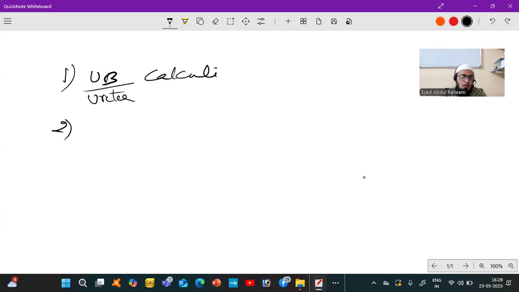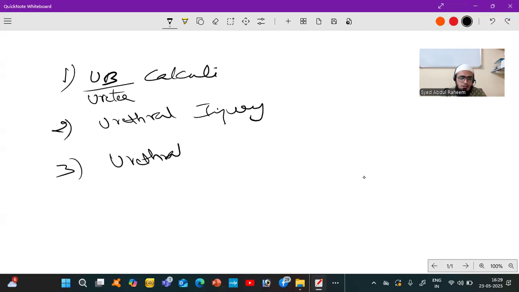Second one is urethral injury, third one is urethral stricture, and fourth one is adrenal adenoma.